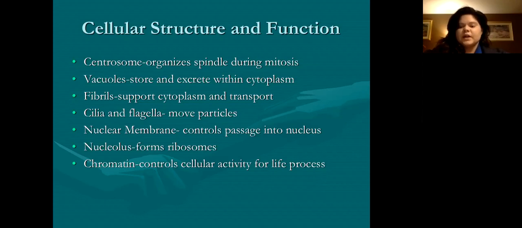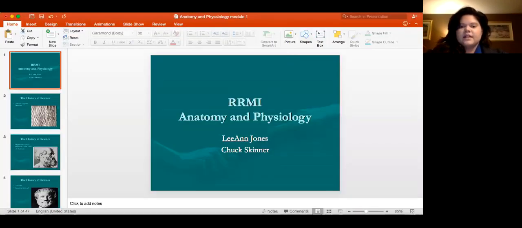Again, those are the things I was talking about, like if you think about an octopus, the way they move, the little legs that just move particles. Your nuclear membranes control passages into the nucleus. The nucleolus forms ribosomes, and then your chromatin controls cellular activity for life processes. And that is the end of your basic anatomy biology level.